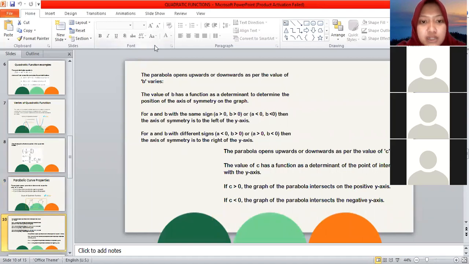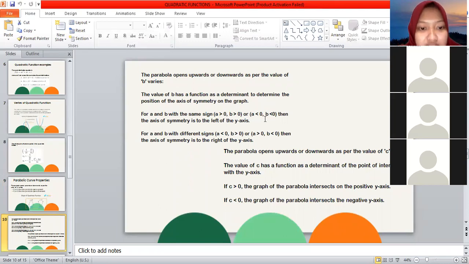The parabola changes as the value of b varies. The value of b functions as a determinant of the position of the axis of symmetry on the graph. For a and b with the same sign, like this or like this, the axis of symmetry is to the left of the y-axis.